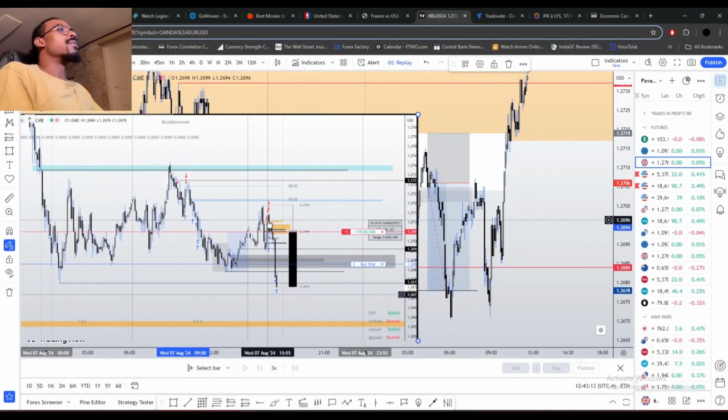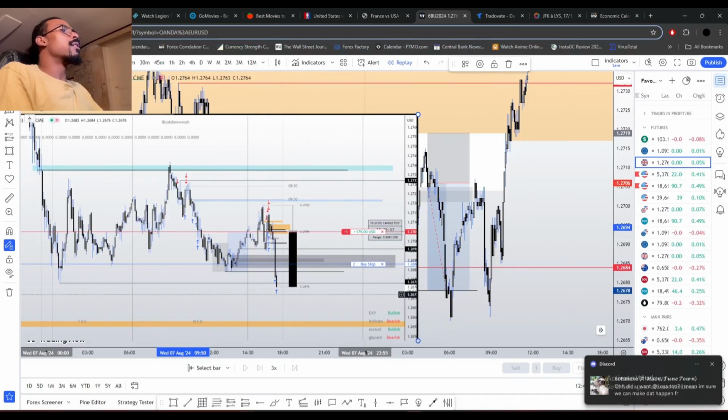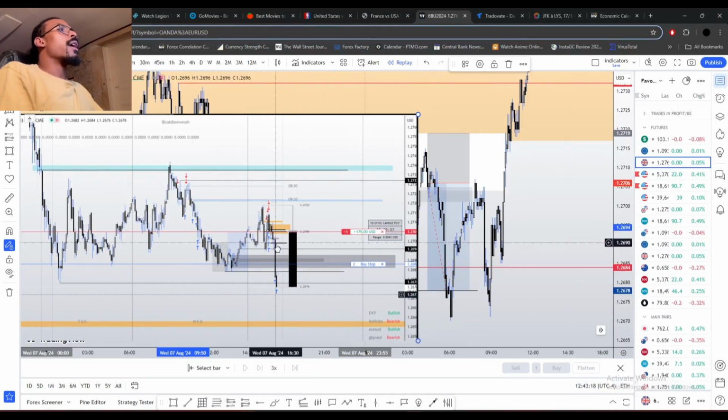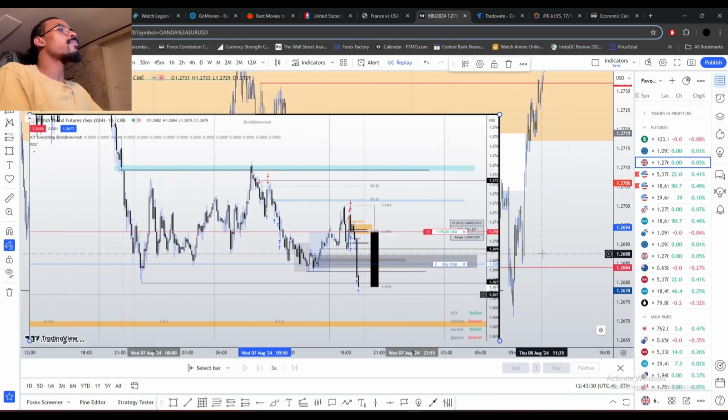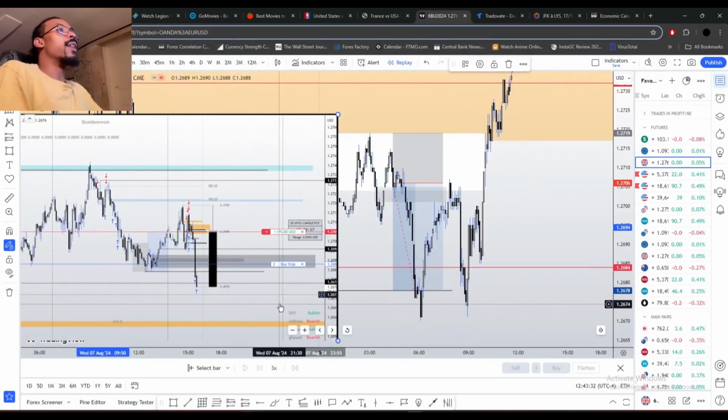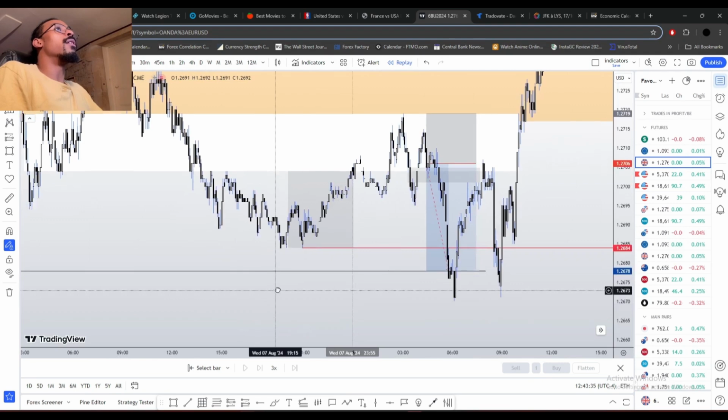That was all the entries inside of there, but the main position was here. And it ran lower there and took the majority of my profit, and then I held a small runner. It came back and hit me out right in there, which is fine. So boom, that was my GU trade on Thursday.